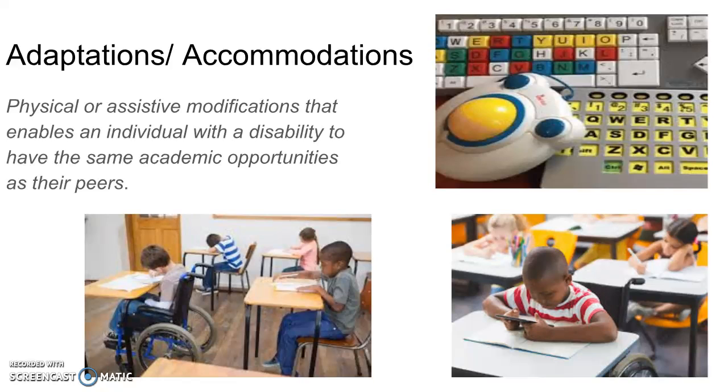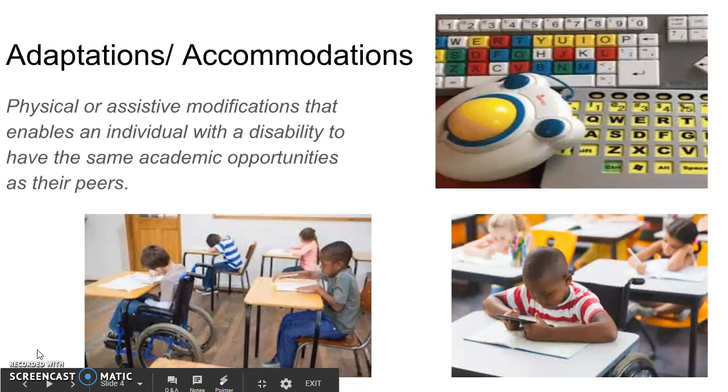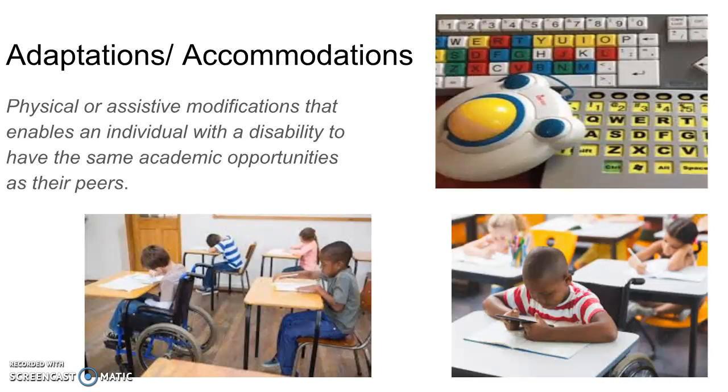Unlike modifications, which alter the school curriculum being taught, accommodations are utilized to aid the impaired with the educational task at hand. Students with physical impairments have difficulty performing many tasks necessary for learning, such as writing, speaking, sitting, walking, eating, and or drinking independently.